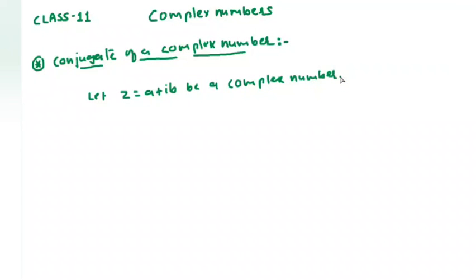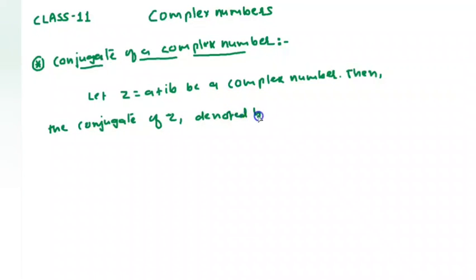Okay, then the conjugate of z, denoted by z bar, is given by z bar is equal to a minus ib.